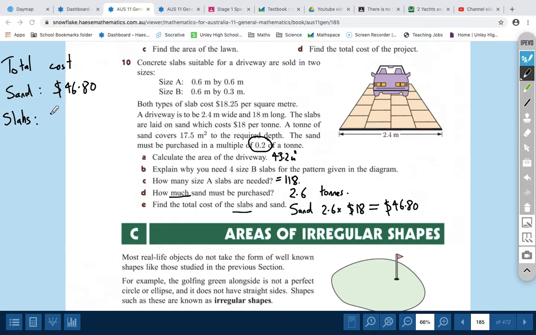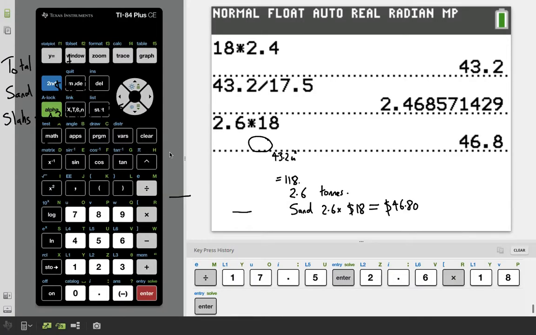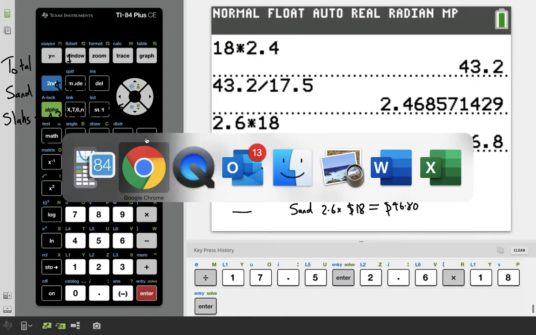So we could say 43.2 square meters times, what is it, 18.25. Pretty good price, I think, per square meter. And what do we get there? I'm going to have to remember that. 43.2 times 18.25. Oh, I've done it again.